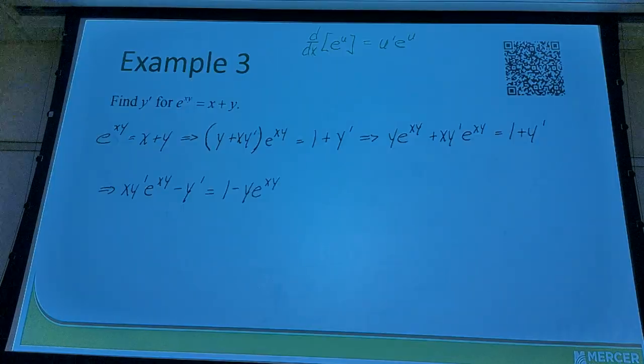Okay, you want to get all of your y prime terms on one side, everything else on the other. And then divide.